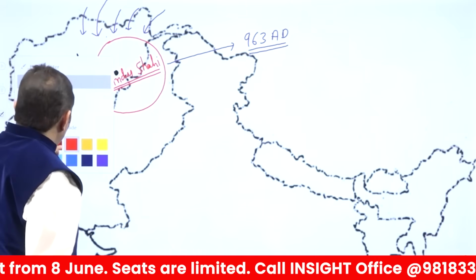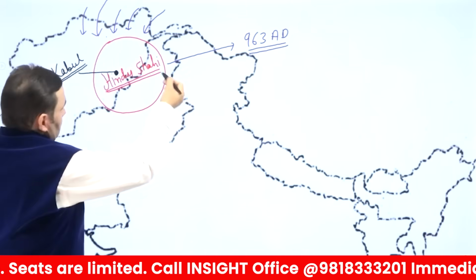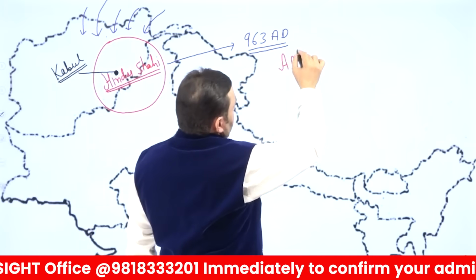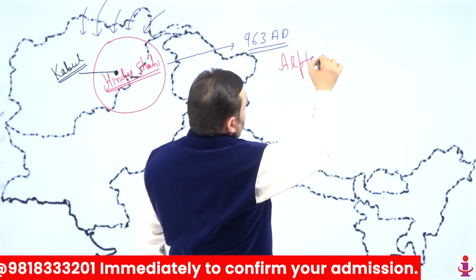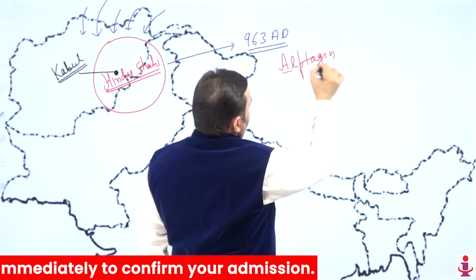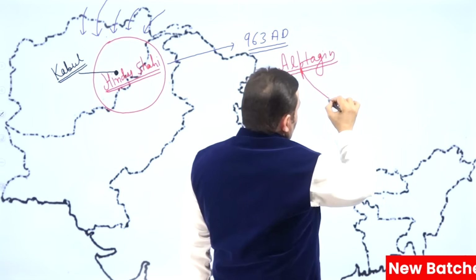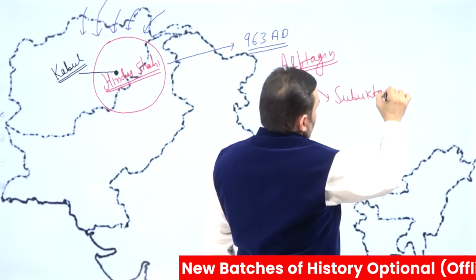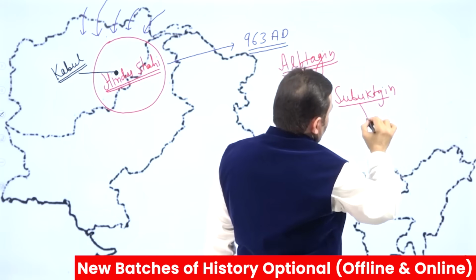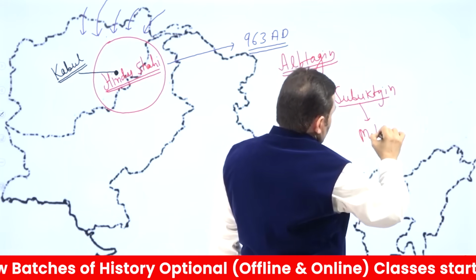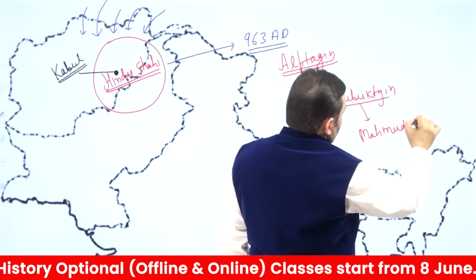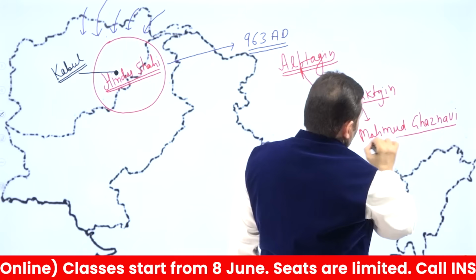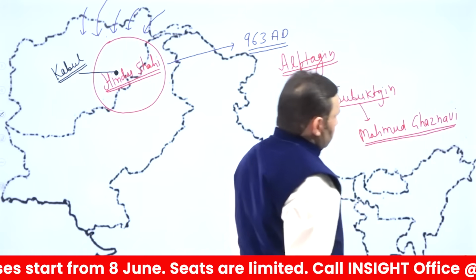Then the first Turk to attack India was Alptagin. He was followed by Subuktigin. And Subuktigin was father of Mahmud Ghaznavi. Mahmud Ghaznavi was son and successor of Subuktigin. He attacked India 17 times.